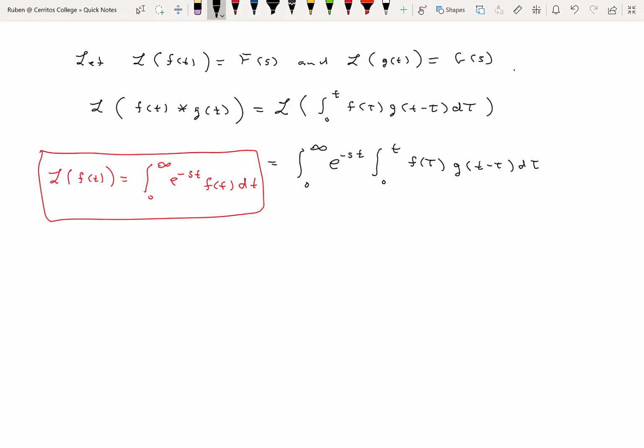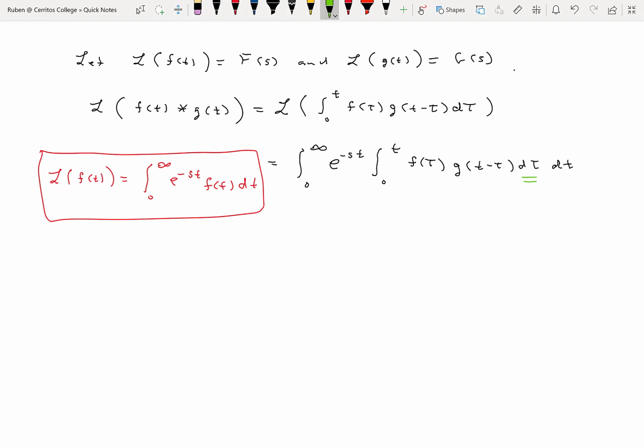Okay, I'm going to slip that e to the minus st into the last integral on the right. The reason I can do that, oops, I forgot the dt for the Laplace transform, is that the integral from 0 to t is done with respect to tau, not t.